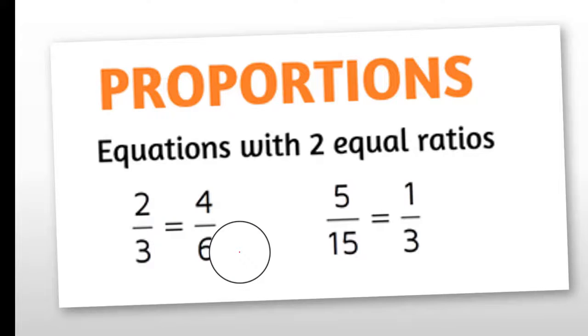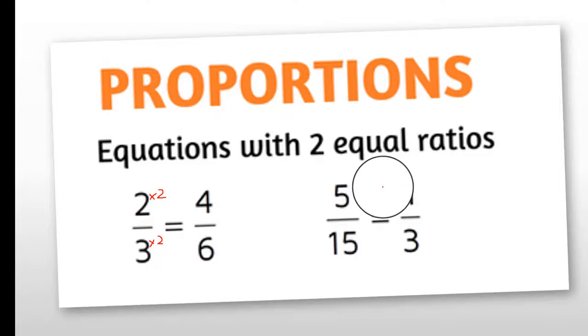Here you can see that 2 upon 3 is equal to 4 upon 6 and 5 upon 15 is equal to 1 upon 3. How? When you multiply 2 by 2, and 3 by 2, you will get the answers 4 and 6, 4 upon 6.